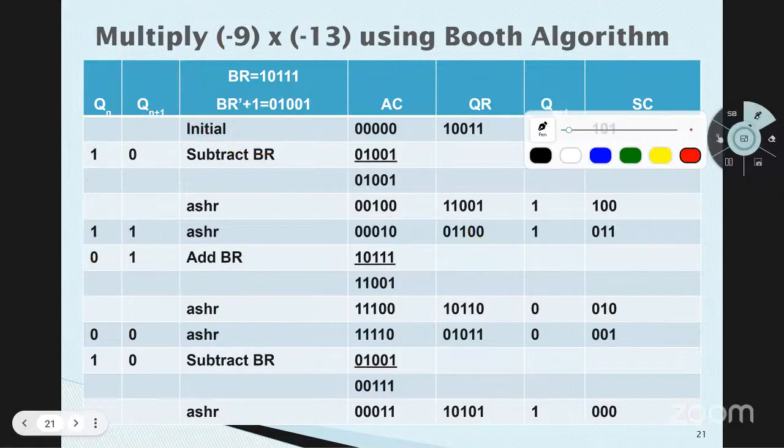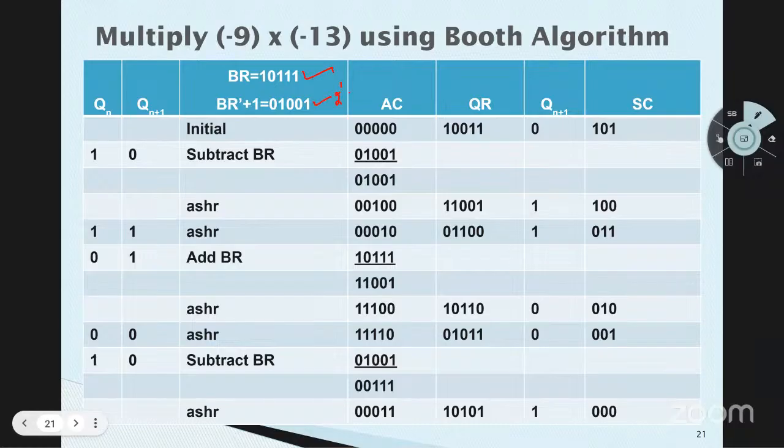Okay, now this is the BR original value, and this is BR dash plus 1 meaning the 2's complement value, and the QR is 19. Yes, and the 0 1 0 0 1 is, what value did we take? Here a different value. Okay, this is -9, -13.